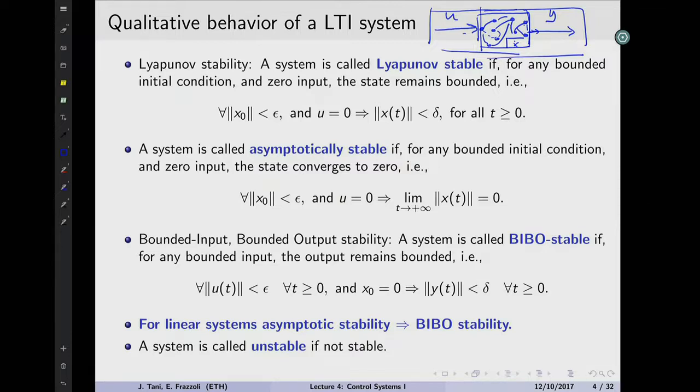So we define different kinds of stability, and we say, okay, the bottom line idea of stability is always the same. If you have to just remember it, it is that things don't blow up, okay? Now, the nuisances come in when you define what these things are. It's either the states don't blow up or the output doesn't blow up, given different circumstances. So there's Lyapunov stability, which says, hey, forget about the input. Let's put the input to 0.